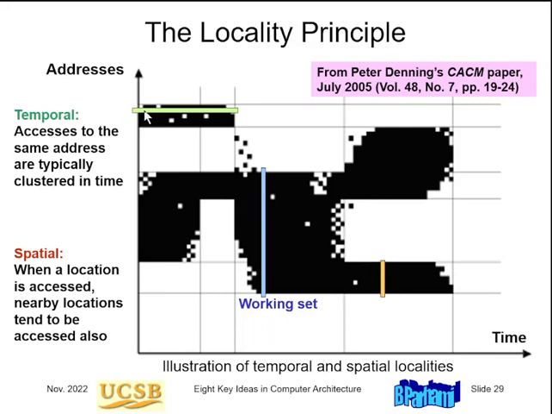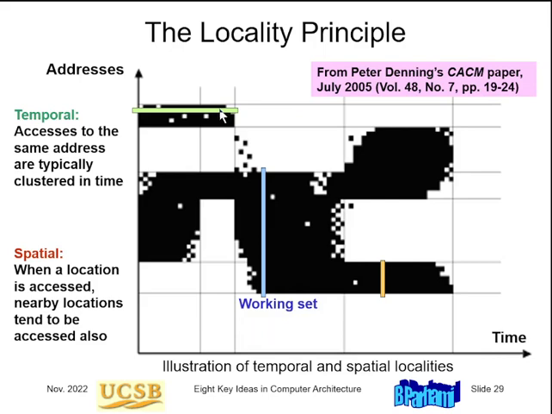Similarly, accesses are bunched together in time, meaning that if I need a particular piece of data at this point, I may need it a little bit later, and a little bit later. At some point in this example, I lose interest in that piece of data. The program moves on to do other things and never accesses that data again.